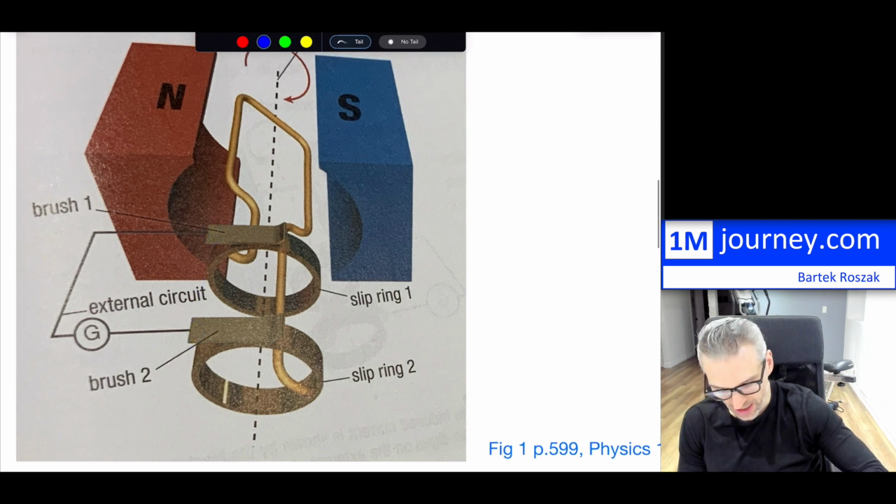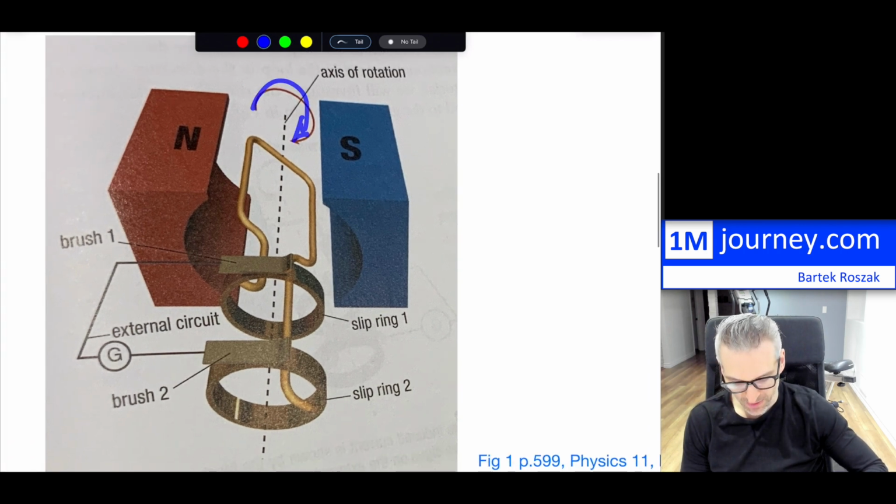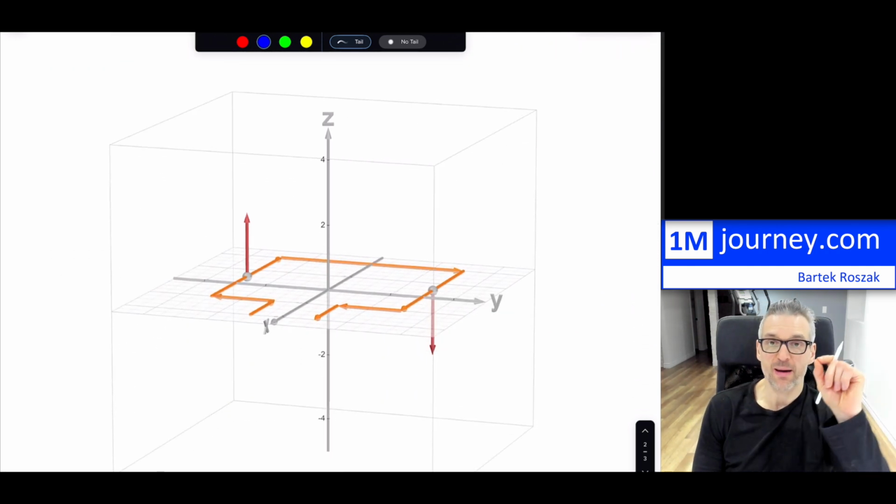Now, if it is rotating in this direction, the easiest way to think about this without any calculations whatsoever, remember that by Lenz's law, the actual current is going to be created in such a way to prevent the change.